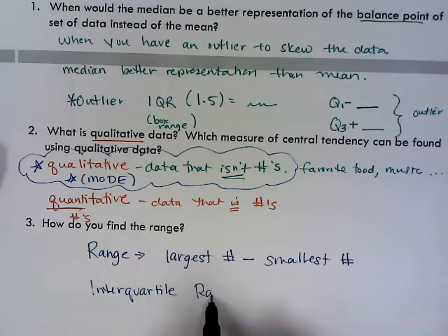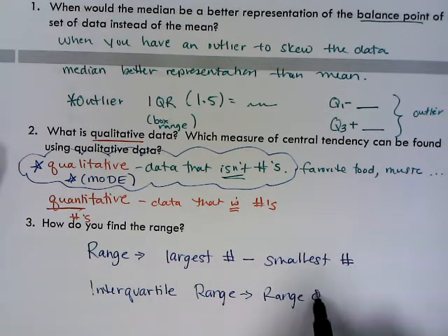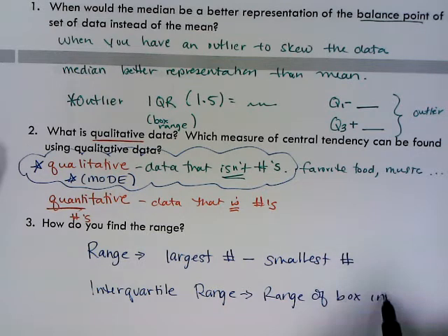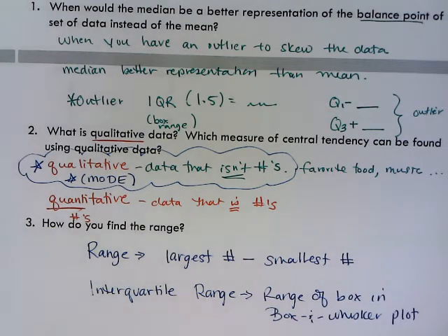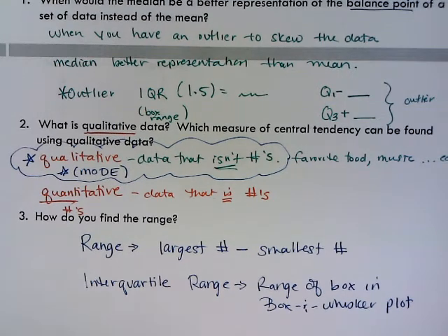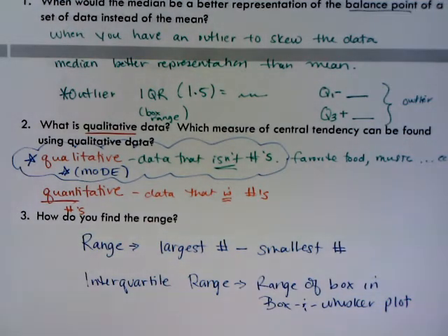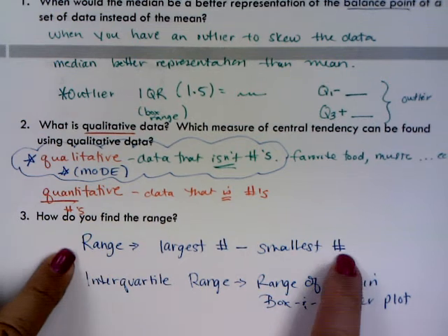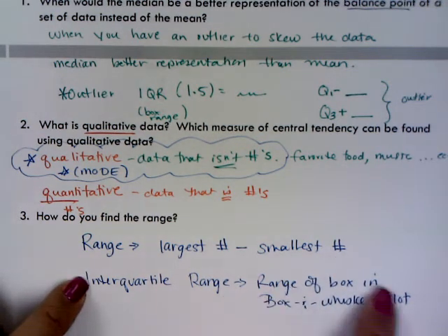An interquartile range is the range of the box in a box and whisker. Some of you confused the two on your take-home quiz. You found the range of the data instead of the interquartile range, or vice versa. So be careful. Range is the whole data set. Interquartile range is just my box.